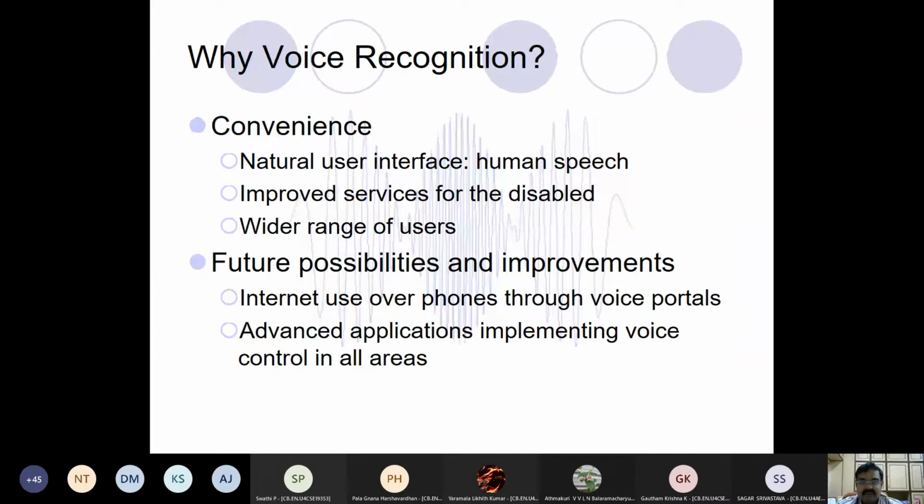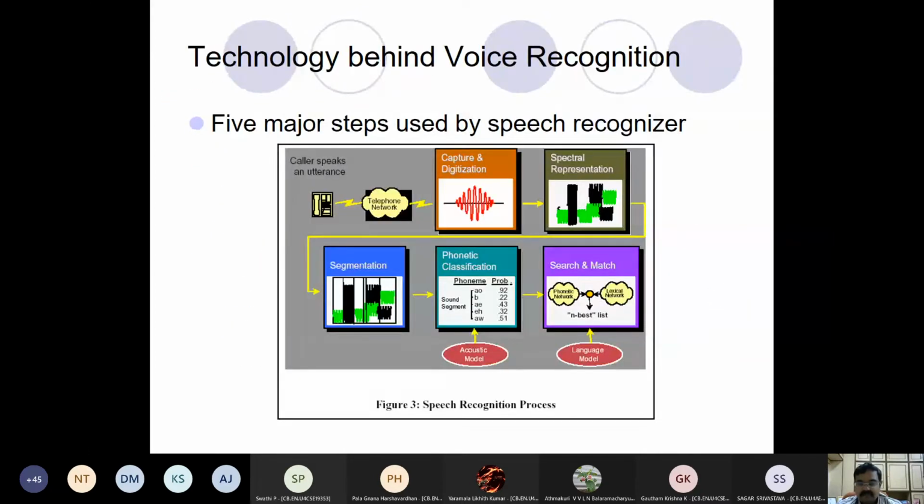But with respect to the speech recognition system, the method is very similar to the image processing system, although the pre-processing is a little different here. The steps involved in speech or voice recognition are these. First you have a speech.